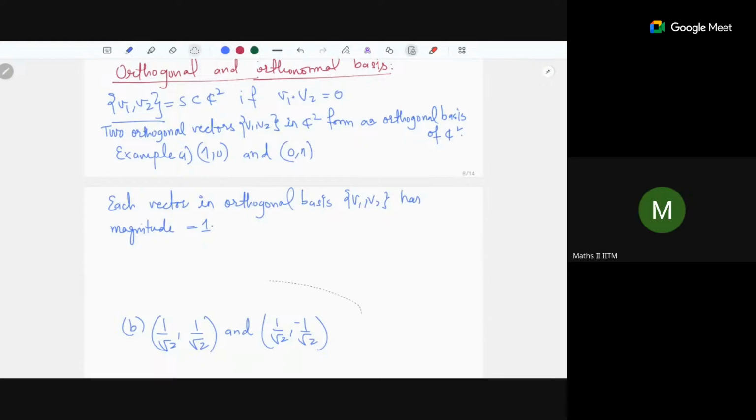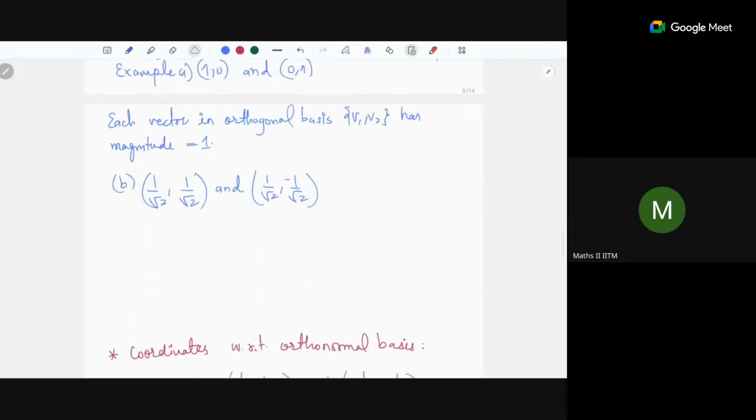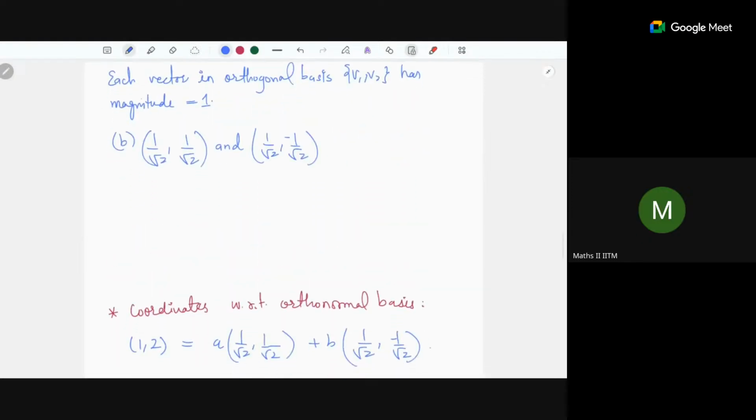For example, look at this example. They are clearly a basis. In order to check that, we just need to check whether they are orthogonal or not, and they are clearly orthogonal, so they are a basis. But are they orthonormal also? That means, is the norm of each vector 1 or not?